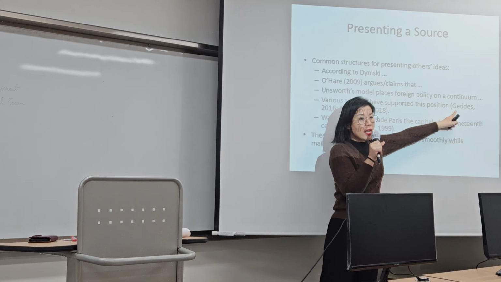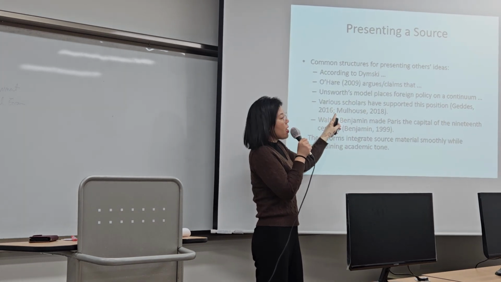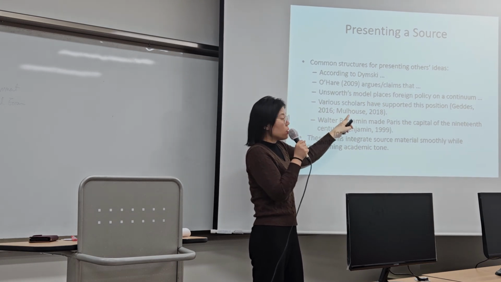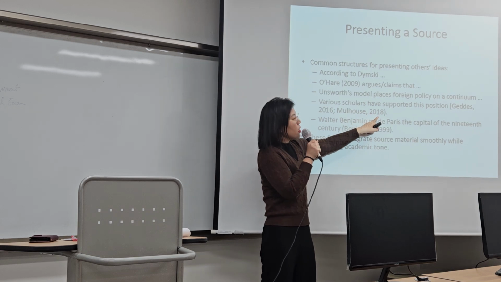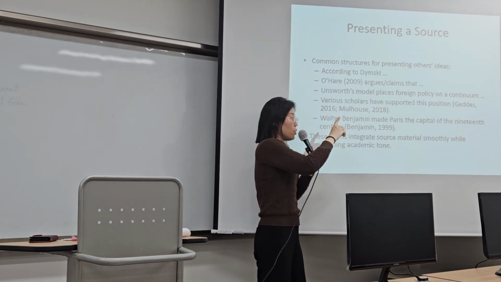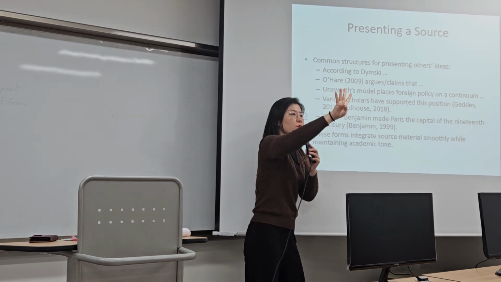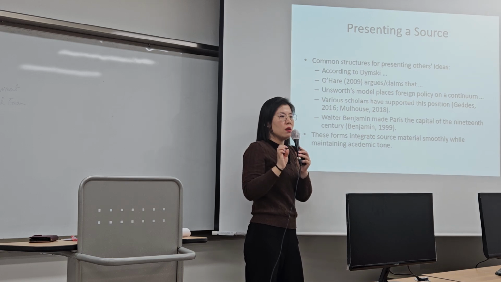You put the surname, then a comma, and the year of publication, and a semicolon. This is one source, this is the second source. So surname of the author, comma, year of publication. If you want to put 2 sources, you only need 1 semicolon. But if you want to put four sources, how many semicolons do you need? 3.